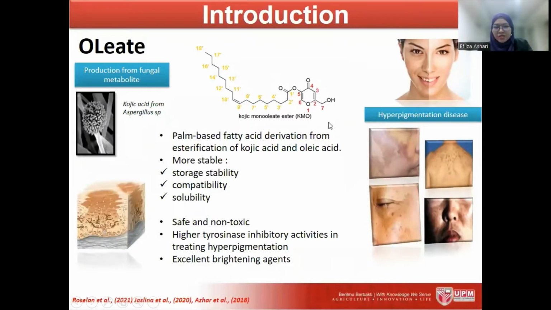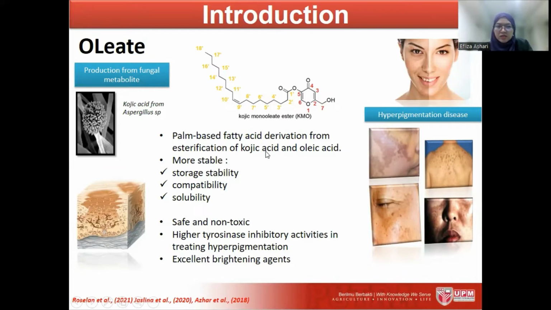As an introduction, we have used one of the main ingredients, which we call kojic mono-oleate ester, or KMO, or as we know it, Oleate. This is the structure, and this ester is derived from kojic acid and oleic acid.